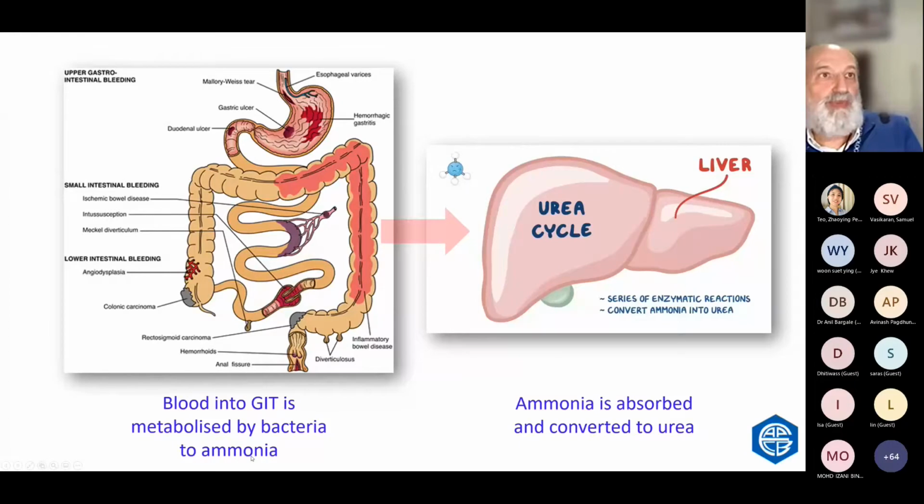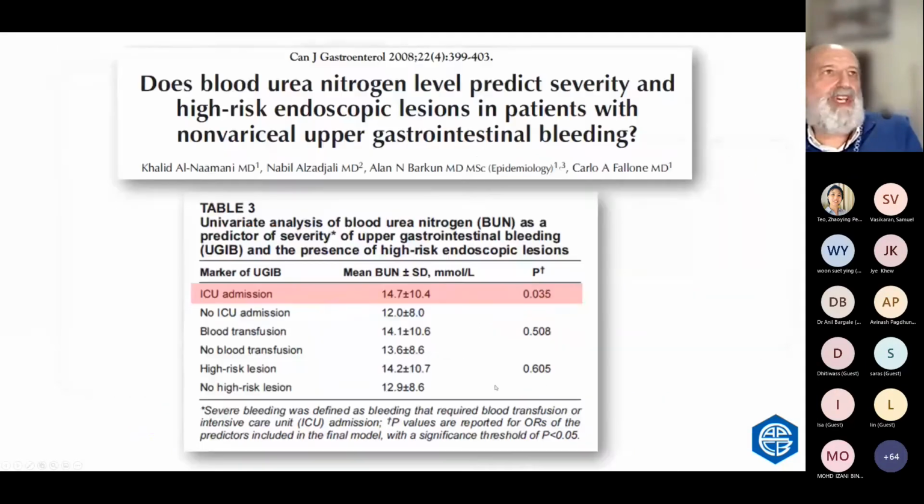That ammonia would be reabsorbed back into the body and converted to urea by the liver. So whenever you bleed into the gut, you're going to have a high urea. And if your urea is 15 or so, it's likely you're going to end up in ICU.